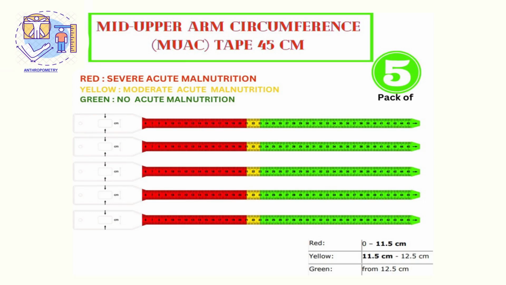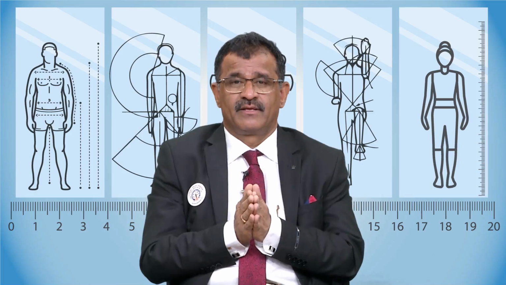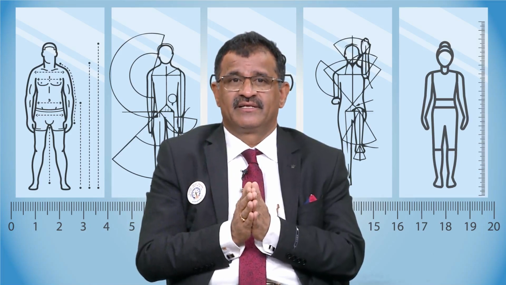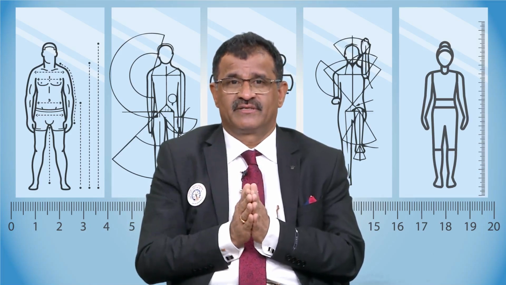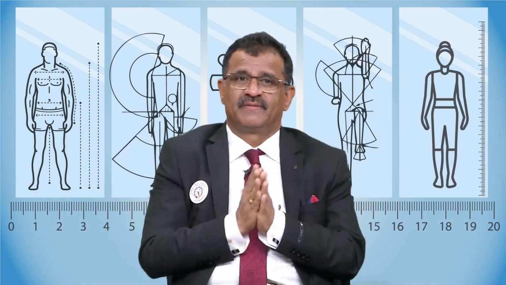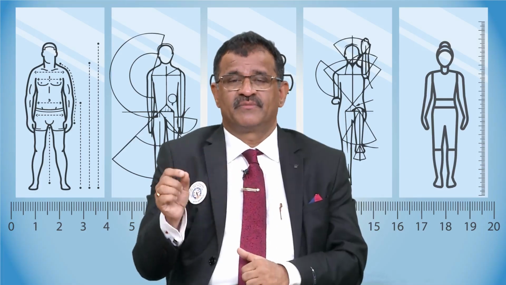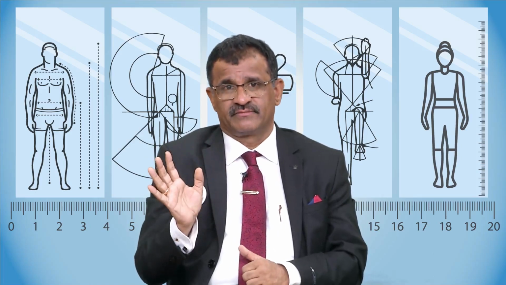They are available in a pack of 5. If you look at this image, we see that these tapes are available in 3 colors for measurement. Of course, they have a base where the actual reading is made, through a window with arrows pointed towards the figure which are going to become your readings. Mid upper arm circumference tape of 45 centimeters.